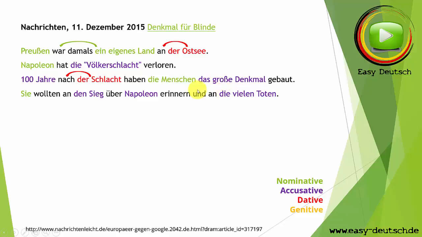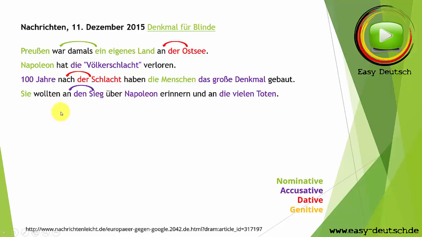Sie wollten an den Sieg über Napoleon erinnern und an die vielen Toten. They wanted to remember the win over Napoleon, and they want to remember as well all the dead people. Sie is the subject, so nominative case, and den Sieg is with an here, and in and an, like before, use accusative case.